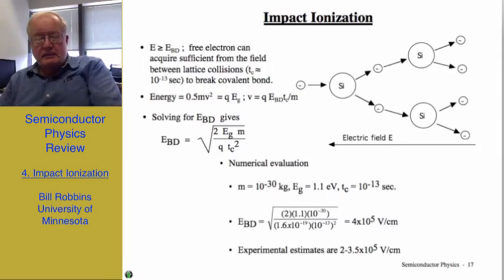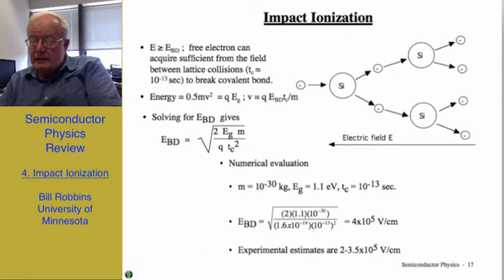An approximate estimate of what electric field is required can be obtained from the following consideration. We know that the kinetic energy is 1/2 mv squared. If that is equal to the energy required to break a covalent bond, and we can relate that energy to the electric field, then we can solve for the electric field.